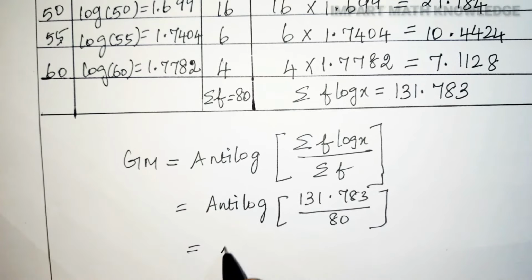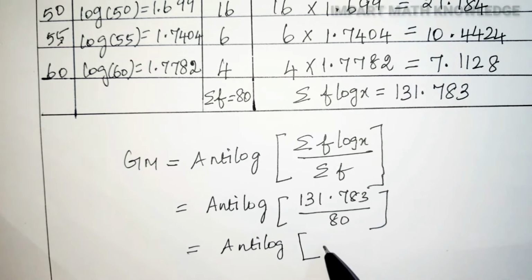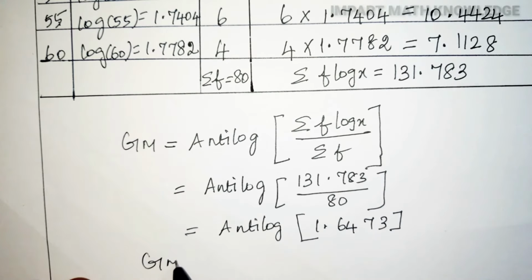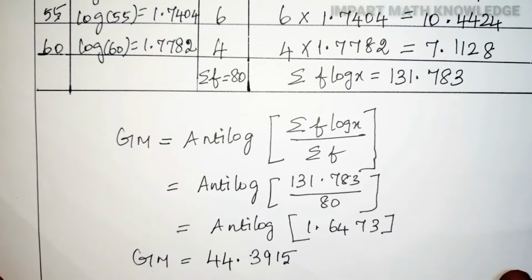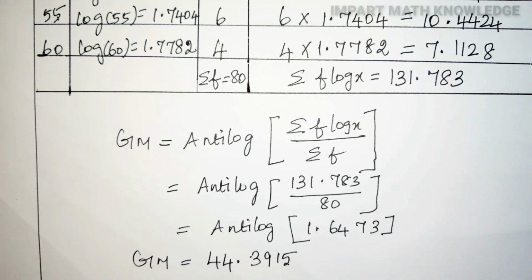This is equal to antilog of 1.6473. Now geometric mean is equal to antilog of 1.6473, that is 44.3915. In the discrete case, you have to find log x first and then you multiply log x values with the frequency. After that, you write the formula and substitute all the values. You will get geometric mean for that particular series.